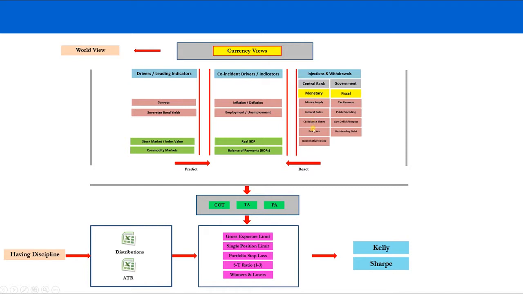And we've listed the main drivers of monetary, so central bank behaviors, and government, so fiscal behaviors. And these are typically reactionary to what we have on the left-hand side. And what we have on the left-hand side are leading indicators, which are drivers that lead the economy. So they predict what is going to happen in the economy. And we have coincident drivers, and coincident drivers follow leading indicators, and central banks and governments react to both.